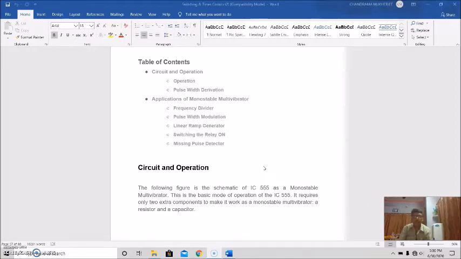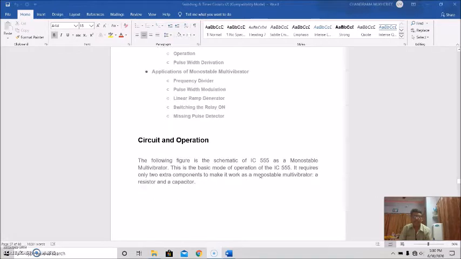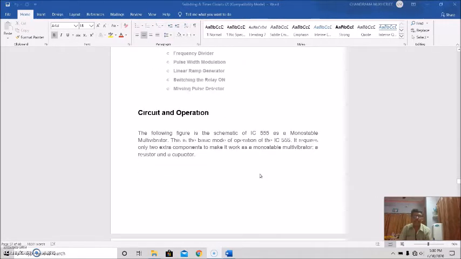So today we'll have a quick recapitulation of the last class, particularly the last portions on the monostable multivibrator using the 555 IC.